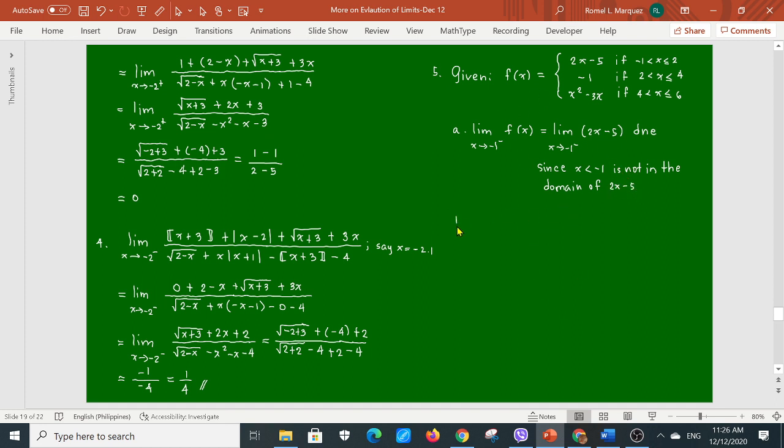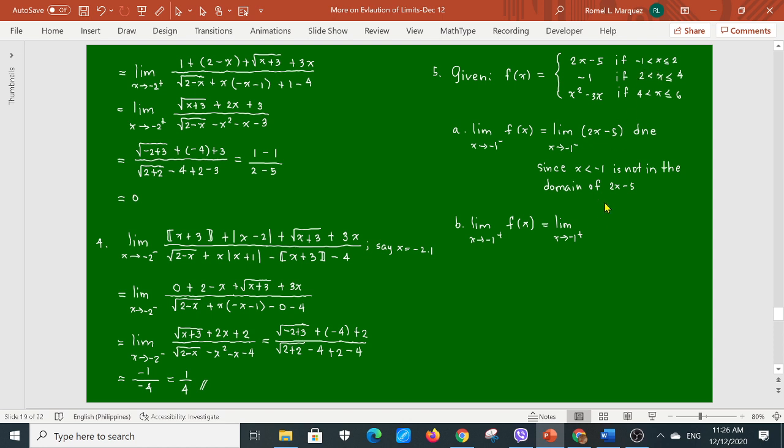Okay? Or letter B. What about if you're asked the limit as x approaches negative 1 from the right of f of x? Our f of x is given by what? By 2x minus 5 pa rin, no? Because it is covered, no?